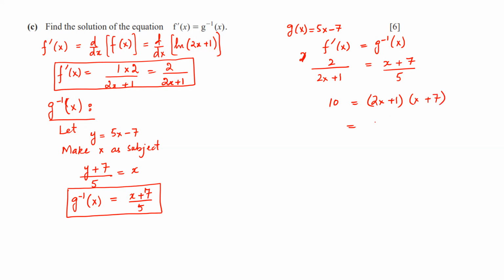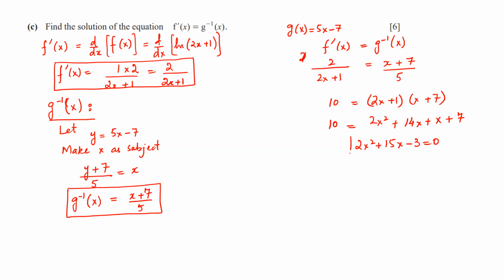This equals 2x squared plus 14x plus x plus 7. If you simplify it, it becomes 2x squared plus 15x minus 3 equals 0.